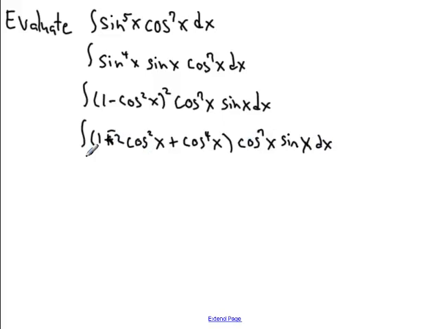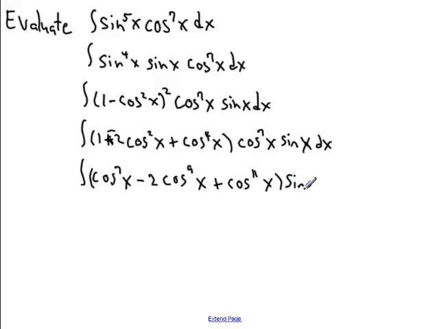Multiplying through by our cosine 7 gives us cosine 7 minus 2 cosine ninth plus cosine 11th x times sine x dx.